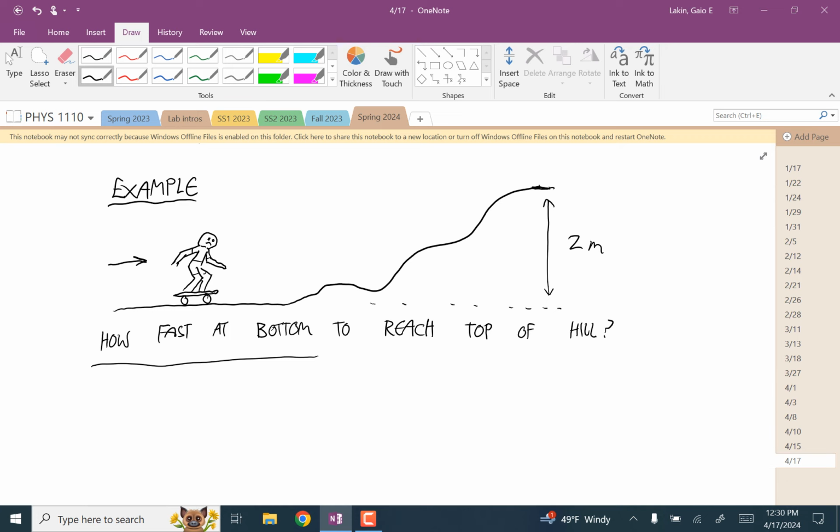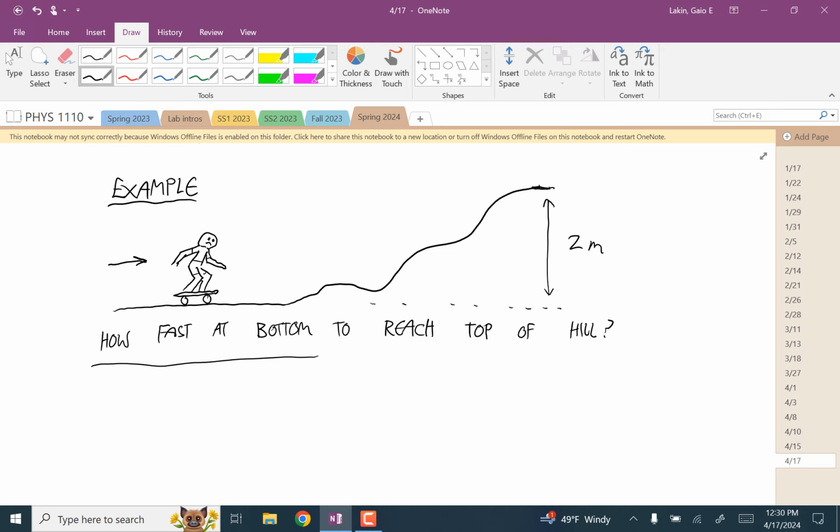Does that make sense? What we're saying is we're looking for a relationship between a location at the bottom of the hill and a speed compared to a speed of 0 at the top of this hill. So again, we have a relationship between location and speed.